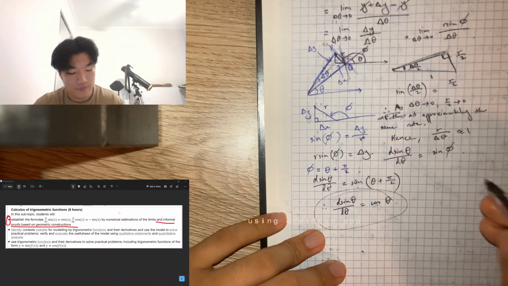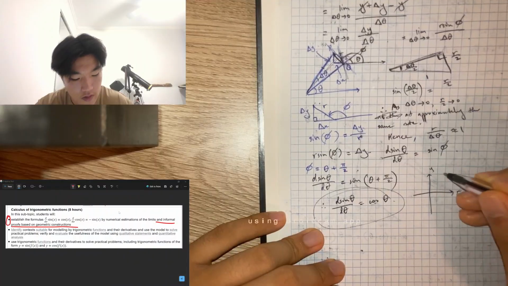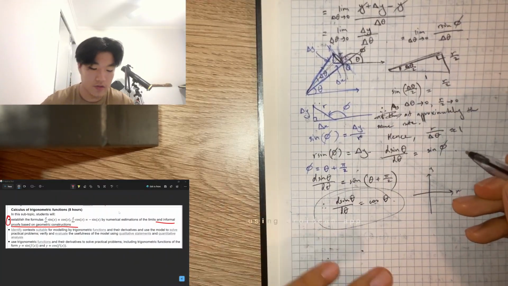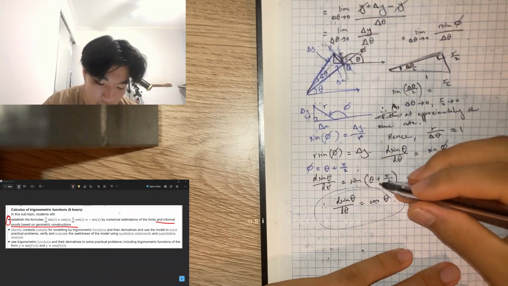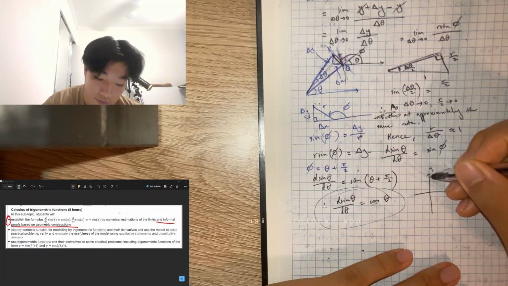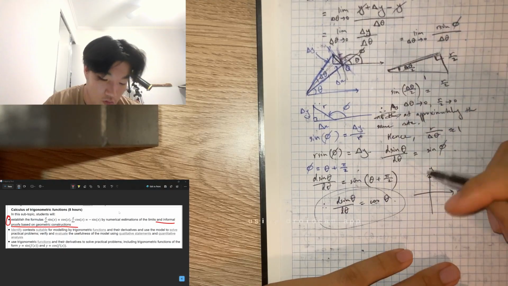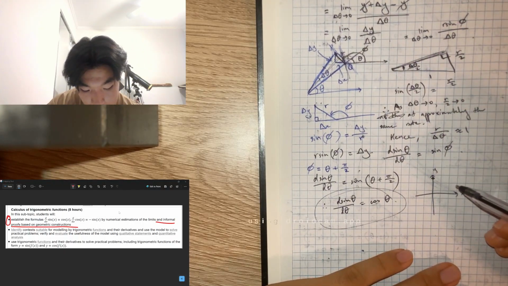Let's think about this. I'll just draw a unit circle. Or no, not a unit circle. Okay. If I sub in theta equals 0, what happens? Sine of pi over 2 is up here, and it's 1, right? The value is 1. Okay.